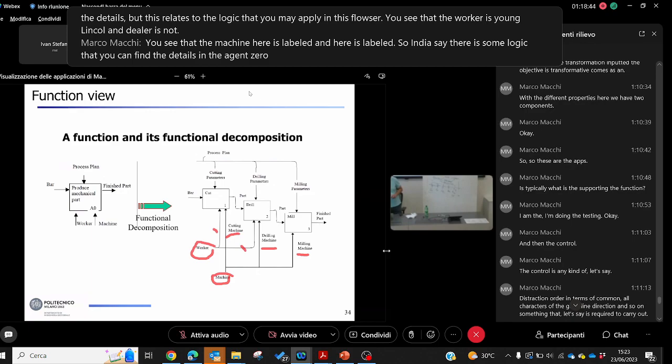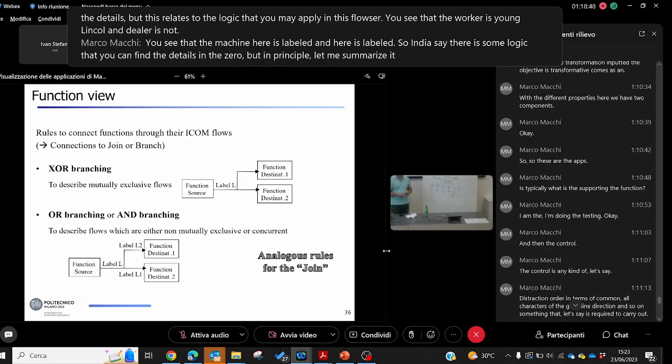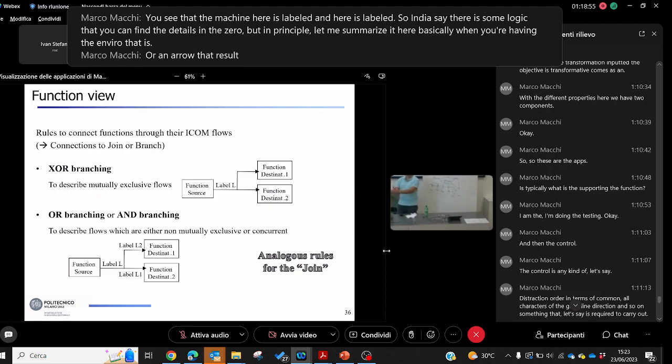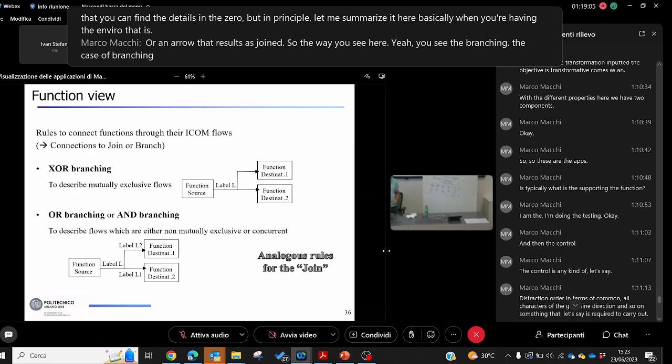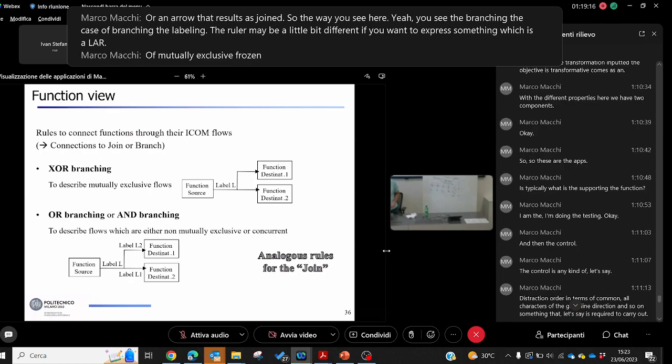But in principle, let me summarize here. Basically, when you have an arrow that is branching or an arrow that results as a join, here you see the cases of branching. The labeling rule may be a little bit different if you want to express a logic of mutually exclusive flows and others.